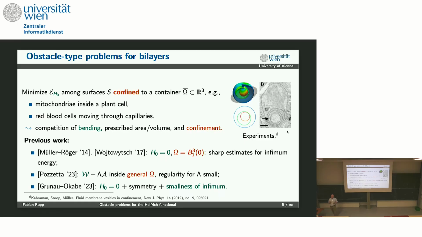So the area is fixed. This was later extended by Wojtowicz. I would also like to mention the work of Marco, where he looked at the deficit of the Willmore energy minus a parameter times the area inside general containers and proved existence and regularity of minimizers for lambda small.